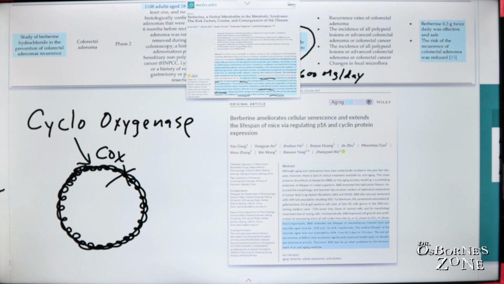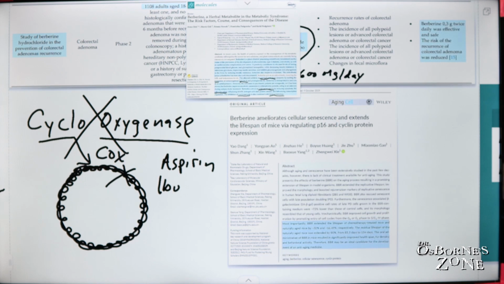So when you have something that blocks the COX enzyme, that's an anti-inflammatory effect. Now, COX is also inhibited by things like aspirin and ibuprofen and drugs like Celebrex, or naproxen.